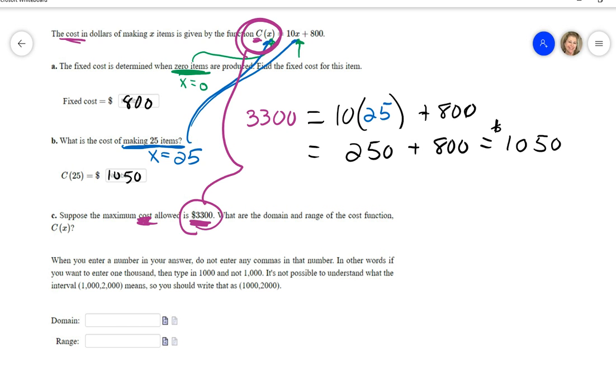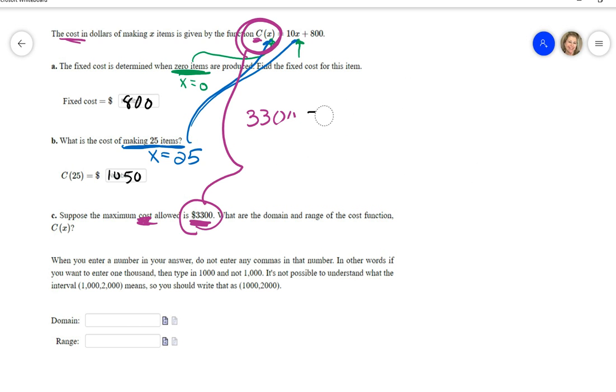And they want you to figure out what are the domain and the range of the cost function. Okay, well, it's 10x plus 800. So I need to figure out, well, there's only going to be one number in the domain because there's only one amount of x that can produce 3,300. So I'm going to solve this for x.